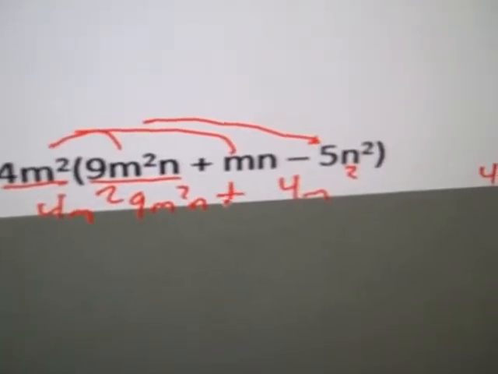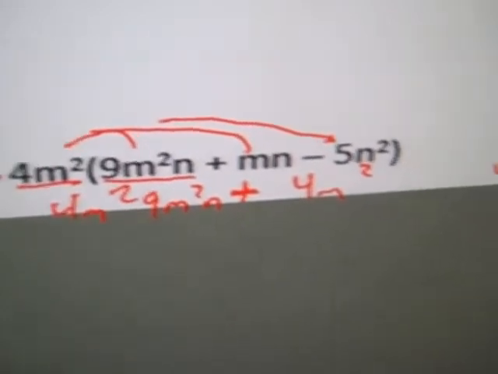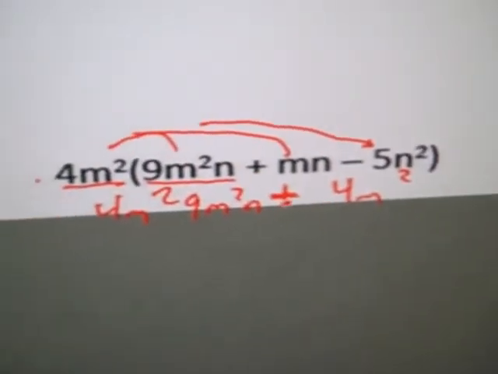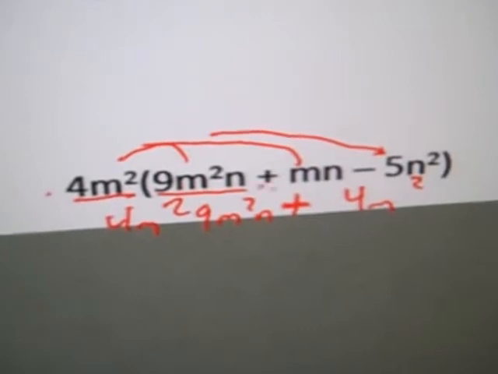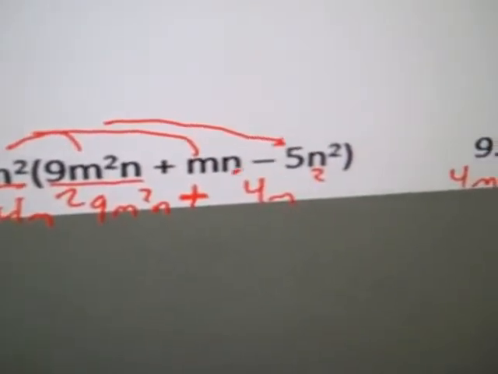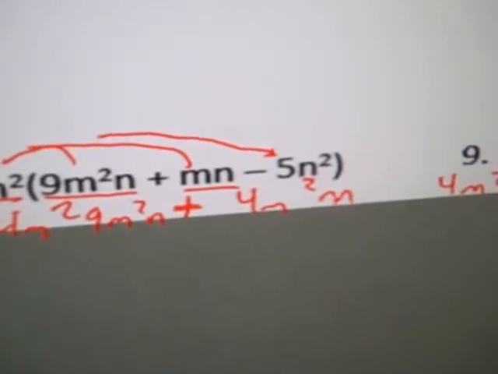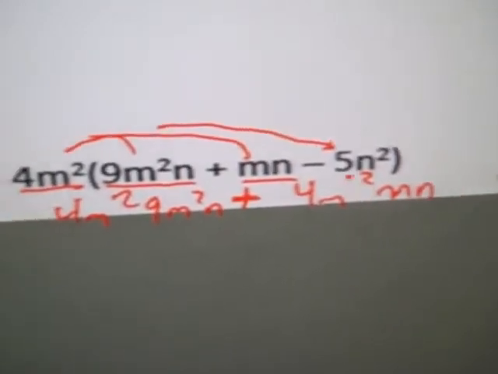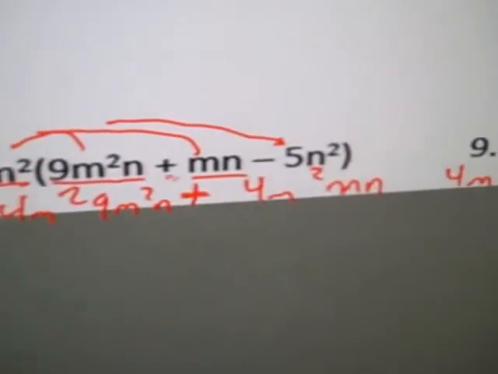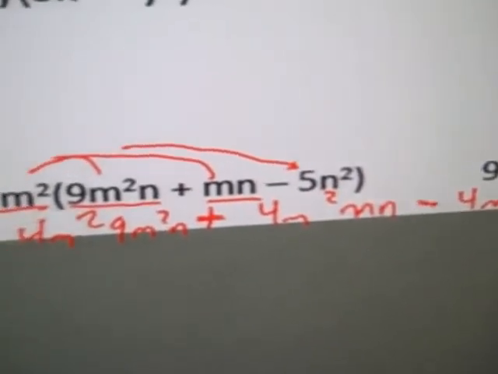Now this is being multiplied by the first term inside the parentheses, 9m squared n, and then positive, I write plus, because positive here, it just stays the same as positive. And then I write the second term inside the parentheses, mn, next to this 4m squared. And then last, positive times a negative would be a negative.